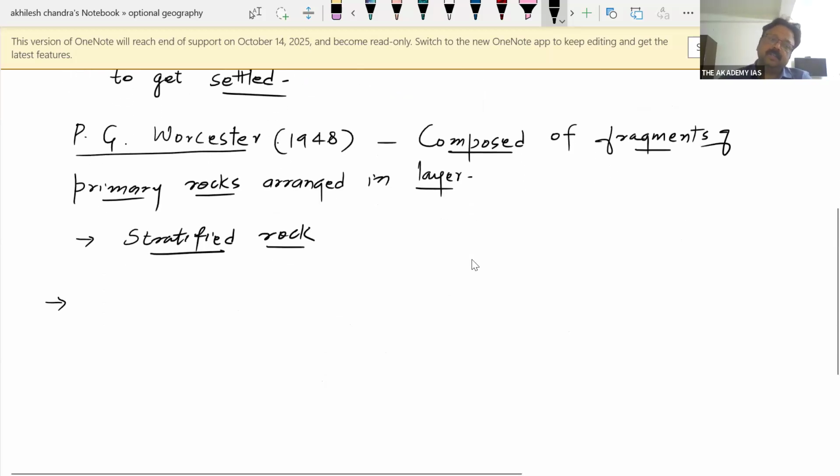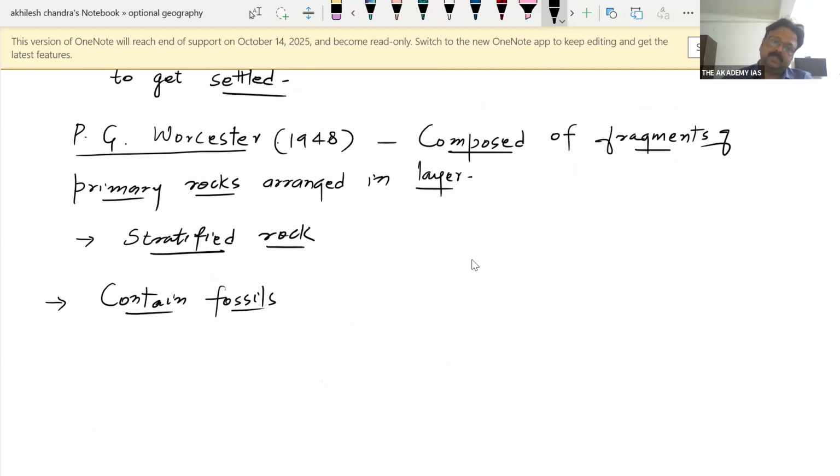Sedimentary rock contains fossils, hence they are called as fossiliferous. It contains fossils.